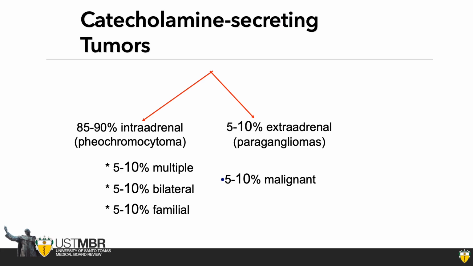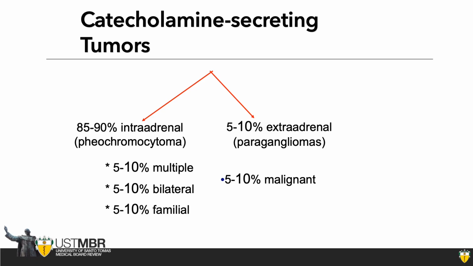A certain rule of 10, okay? 10% are extra-adrenal, just like what we said, paragangliomas. 10% could be multiple, bilateral, familial, or malignant, which means the majority of pheochromocytomas are benign, single, unilateral, and not familial disease.